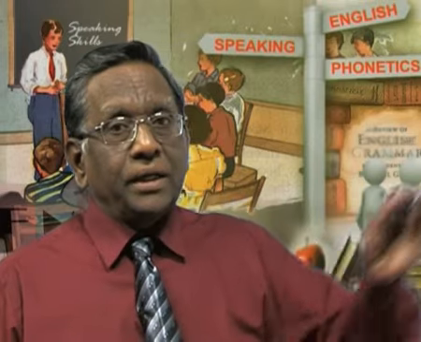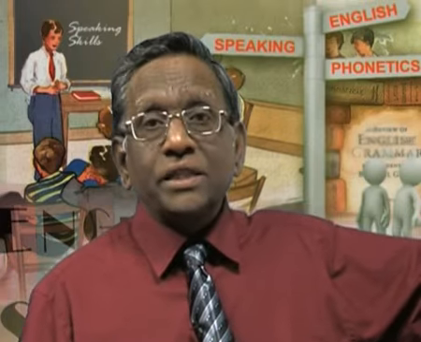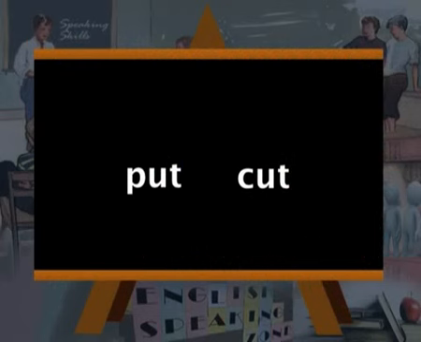There is no logic. It is not because in one place the letter is used in one way, that it follows that in another place also it should be used in the same way. Take for example these two words, the same letter in both the words, but the sounds are different. In this word the sound is "u", put, but in this it is cut.